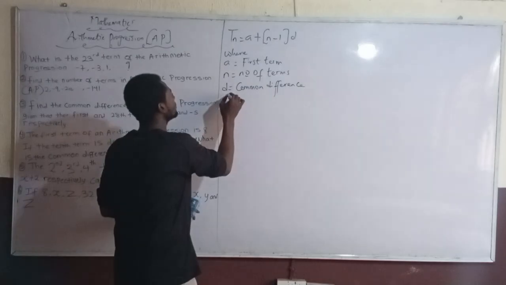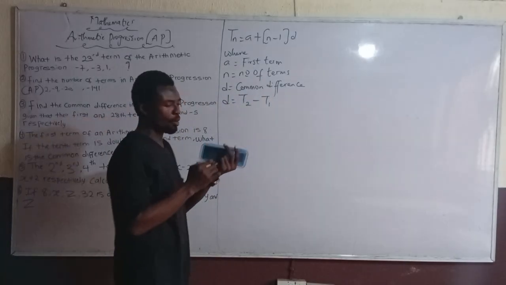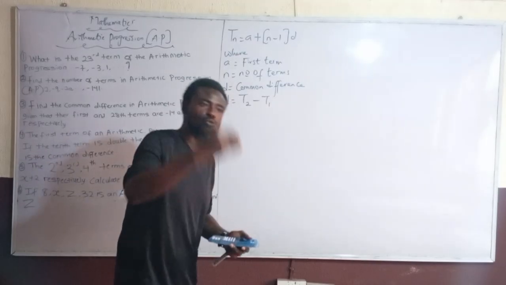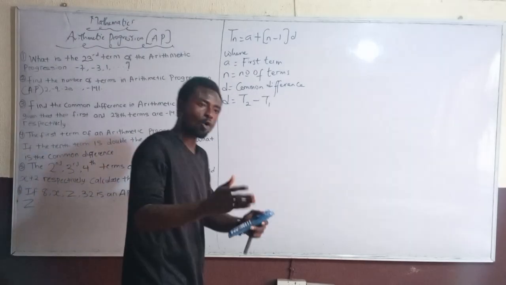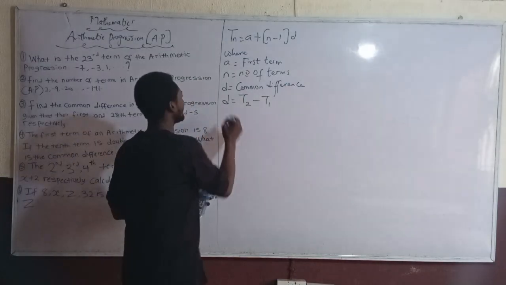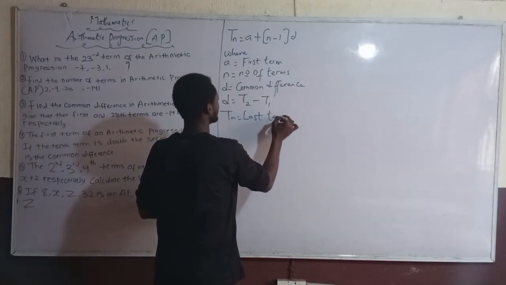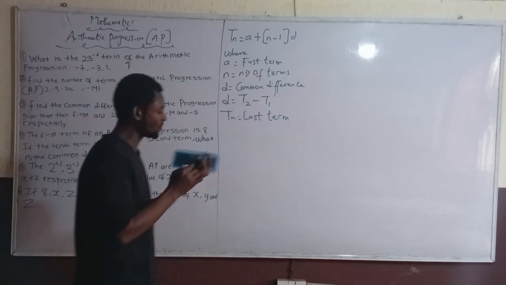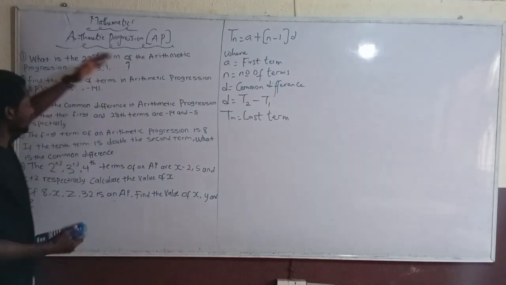The formula for common difference is T2 minus T1, or T3 minus T2, or T4 minus T3. That's the way you have your common difference. And Tn is the last term. So this is the formula for the nth term of AP. This is the formula we're using here.